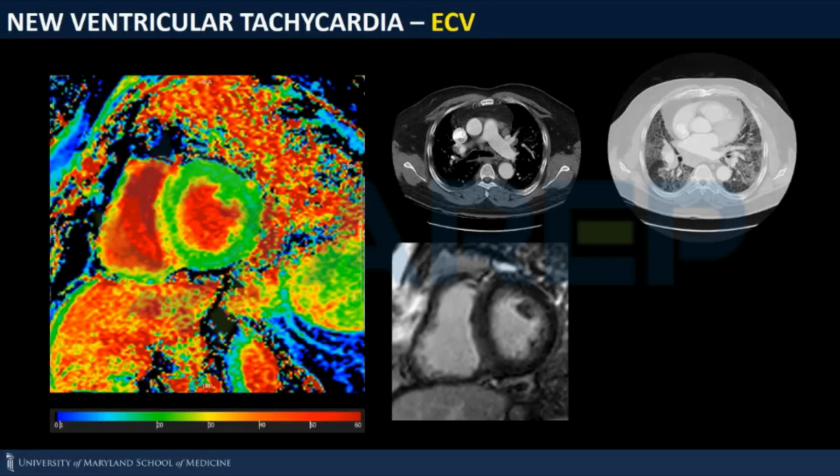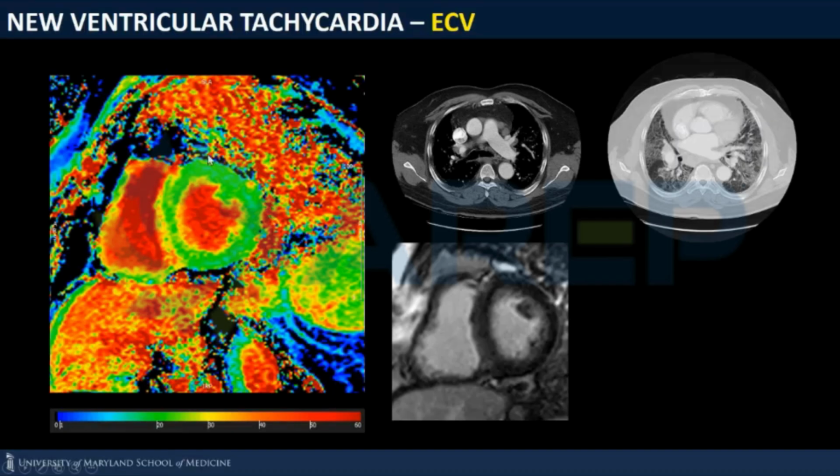Here's another person that presents with new ventricular tachycardia. Same thing again. The patient had a CT. We see significant mediastinal lymphadenopathy. We see that there is evidence of fibrosis within the lung parenchyma as well.